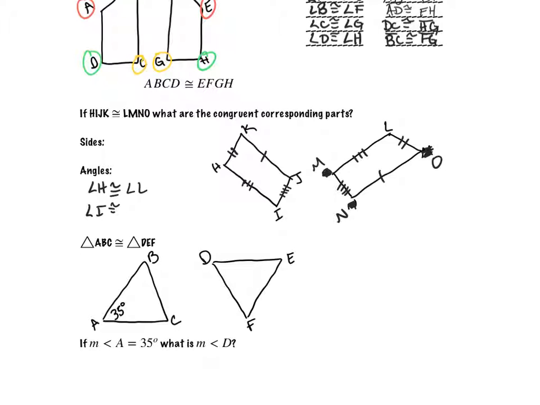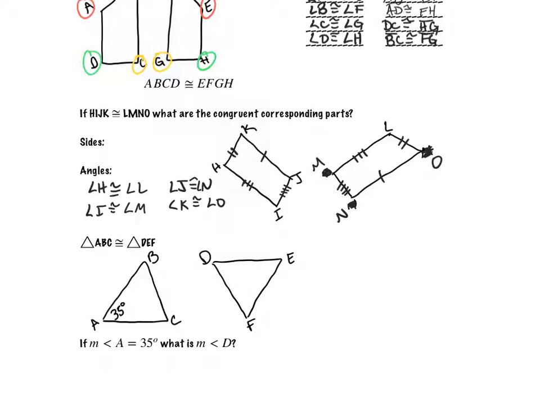M. Keep going, angle J is congruent to what? N. Angle K is then congruent to the other one that's left, so angle O.